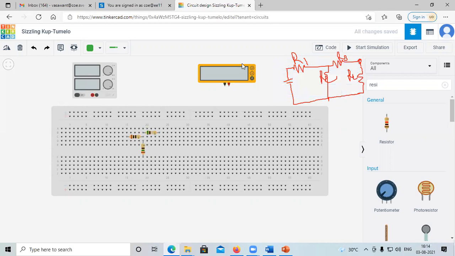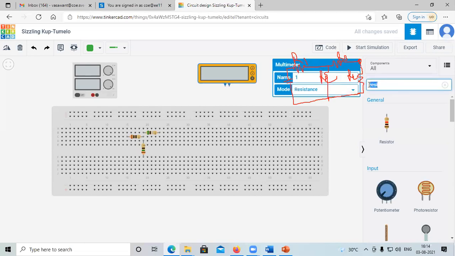Okay, now I require a multimeter to measure the voltage, the current, and also the resistance. I want to measure VTH, RTH, and in some cases the current too. So for this measurement we require a multimeter.